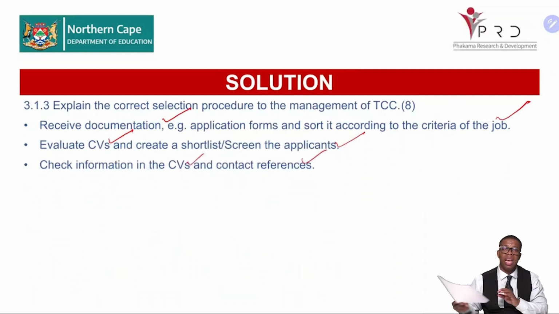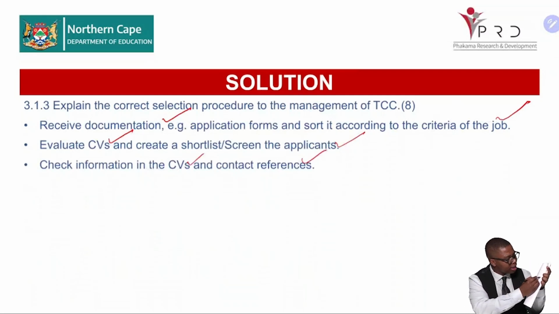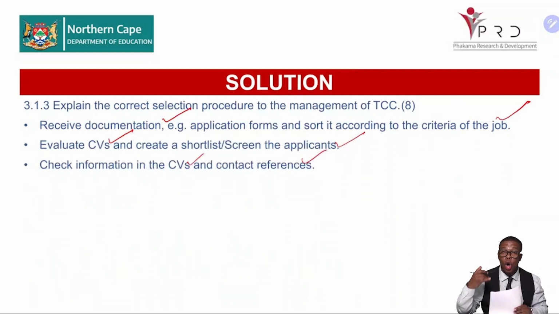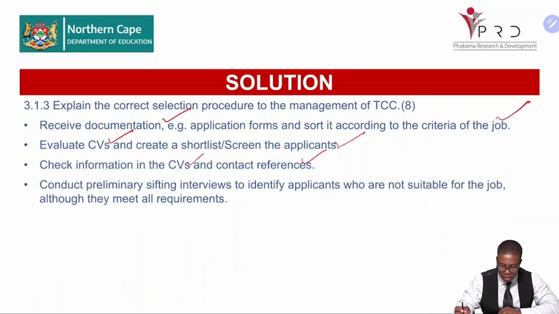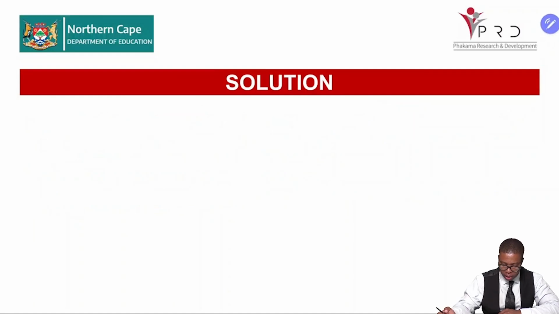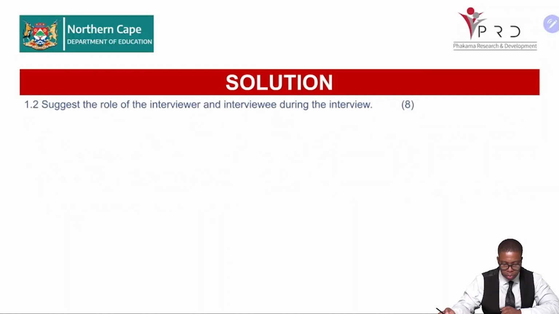Again, we are still on the CVs: they will check the references on the CV and call them. Thereafter, conduct preliminary sifting interviews to identify applicants who are not suitable for the job, although they have met the required standards. Then 1.2 suggests the role of the interviewer and interviewee during the interview.